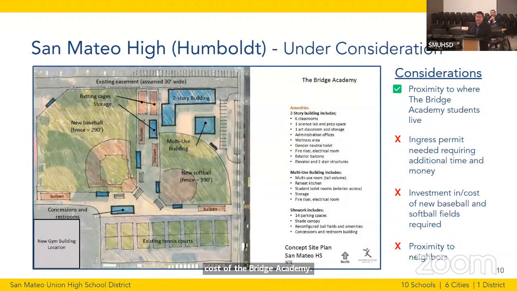The other item about this is, in order to fit the entire Bridge Academy, the baseball fields and the softball fields would be a little bit undersized. The baseball field more than a softball field. Baseball field traditionally down the lines are 325 feet. On these, that's 290 feet, so a little over 10% smaller.